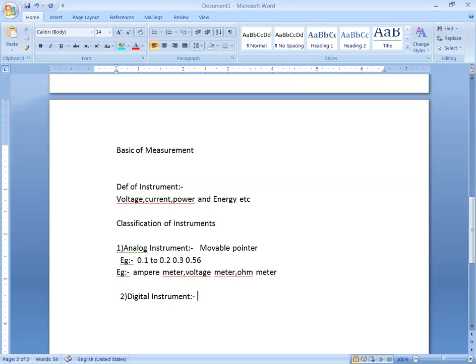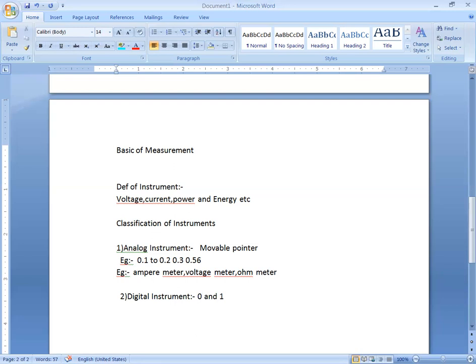The decimal values are only 0 and 1, from which the reading can be read in numbers form. That is called a digital instrument. Therefore the parallax error does not exist.